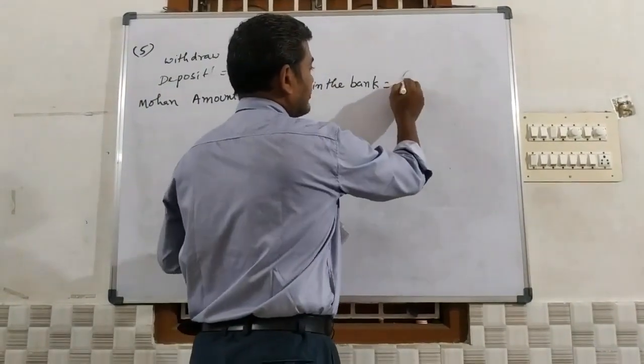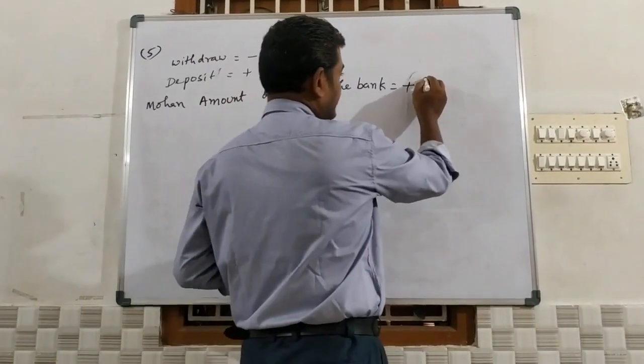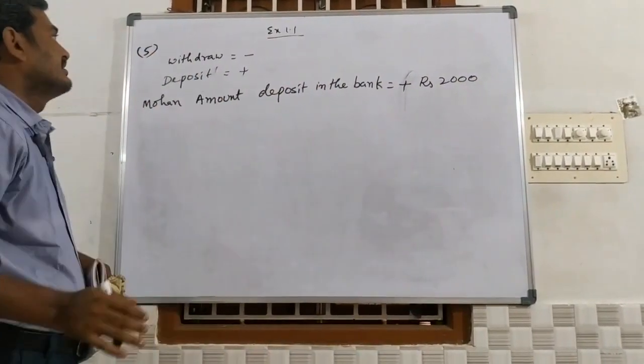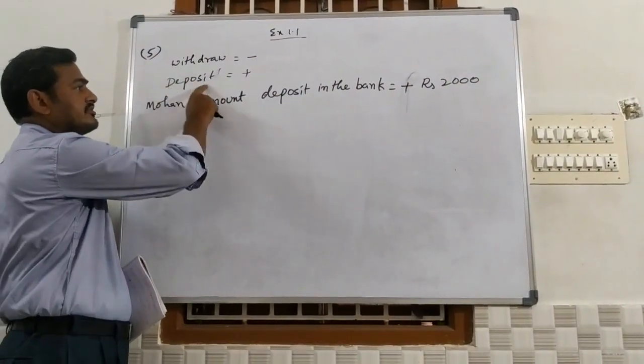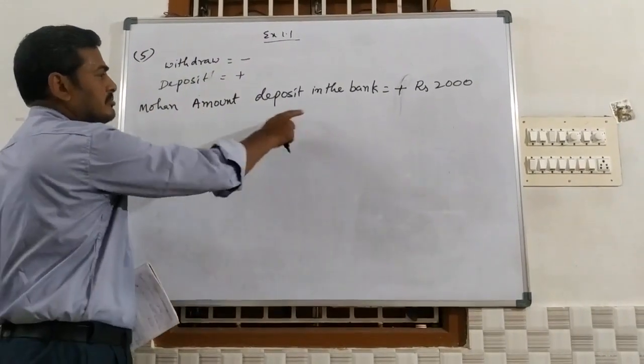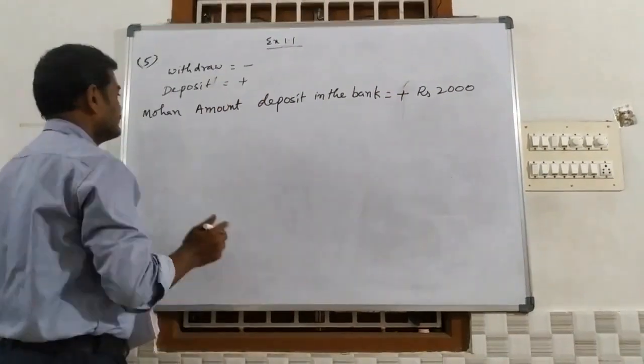So deposit means what symbol can we use? Deposit means plus. Plus rupees 2000 rupees deposited. So in this bank, deposit means plus, withdrawal means minus. So Mohan's amount deposited in the bank is equal to rupees 2000.